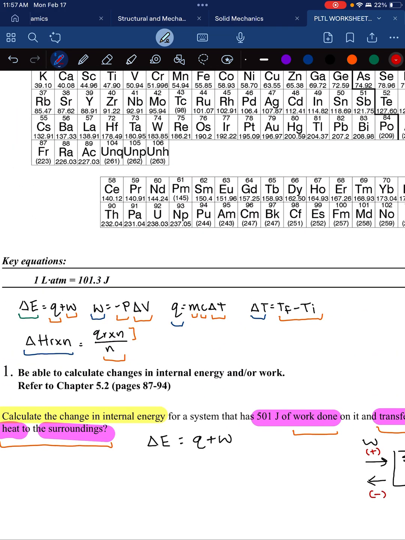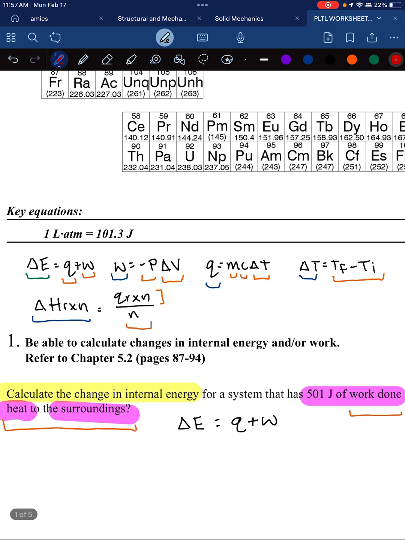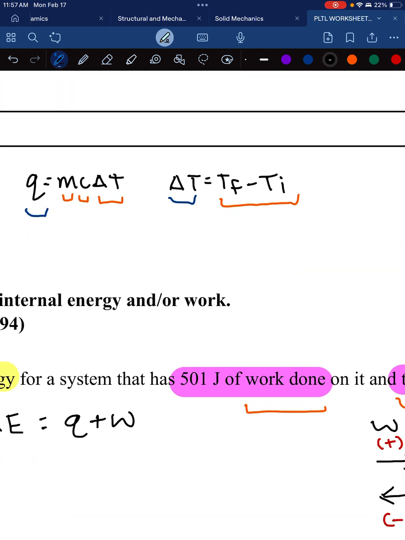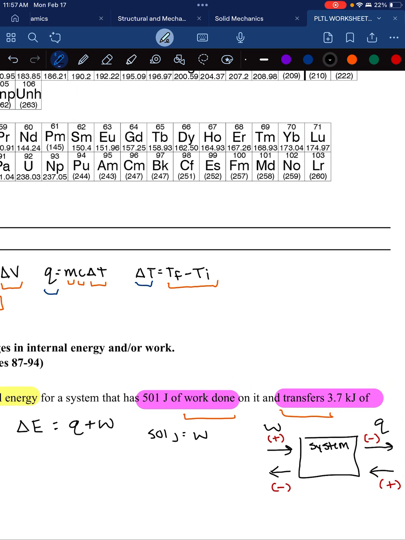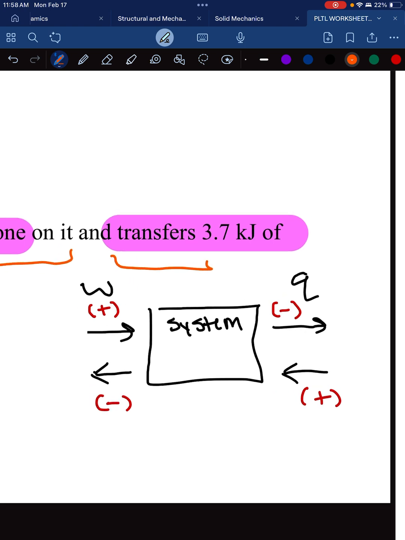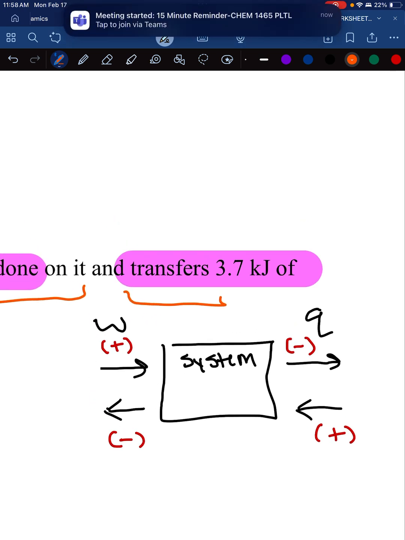All right. And so here we want to find the change in internal energy, which will be in units of joules or kilojoules. And we have 501 joules will be our W, so our work done. But that's work being done, oh, done on it. So that'll be positive. Right, the system has work being done on it. If we look at our little thing here, you'll see that that means it is positive.